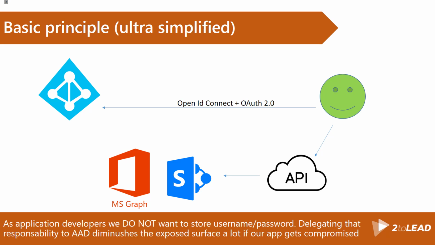But the key part here is, as developers, we do not want to store usernames and passwords, right? Because it's been a disaster over the last couple of years with so many leaks and breaches and so on and so forth. We are already holding so much sensitive data. If we can delegate one aspect of that, awesome for us.